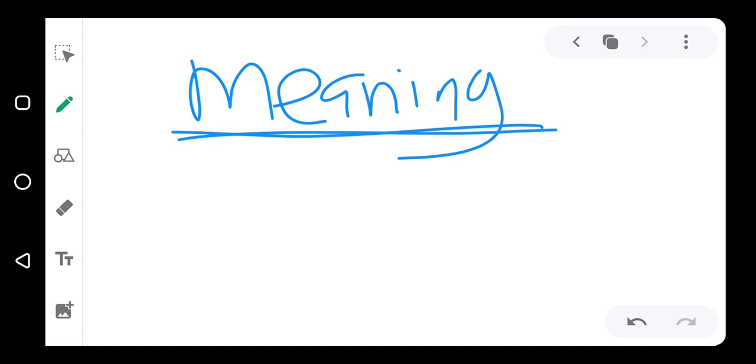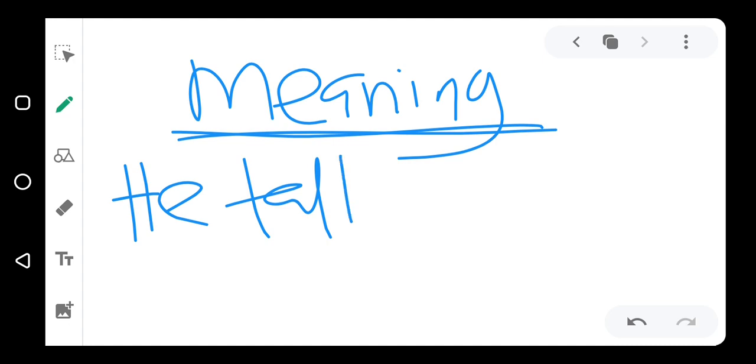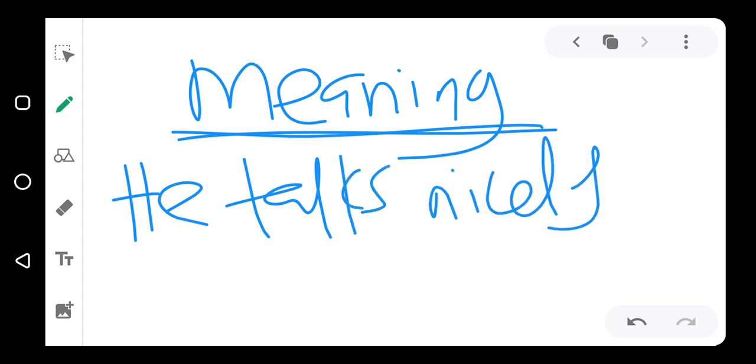For instance, when we have a sentence like "he talks nicely," the verb in this sentence is talks. And what is a verb actually? The verb is the action word in a sentence.